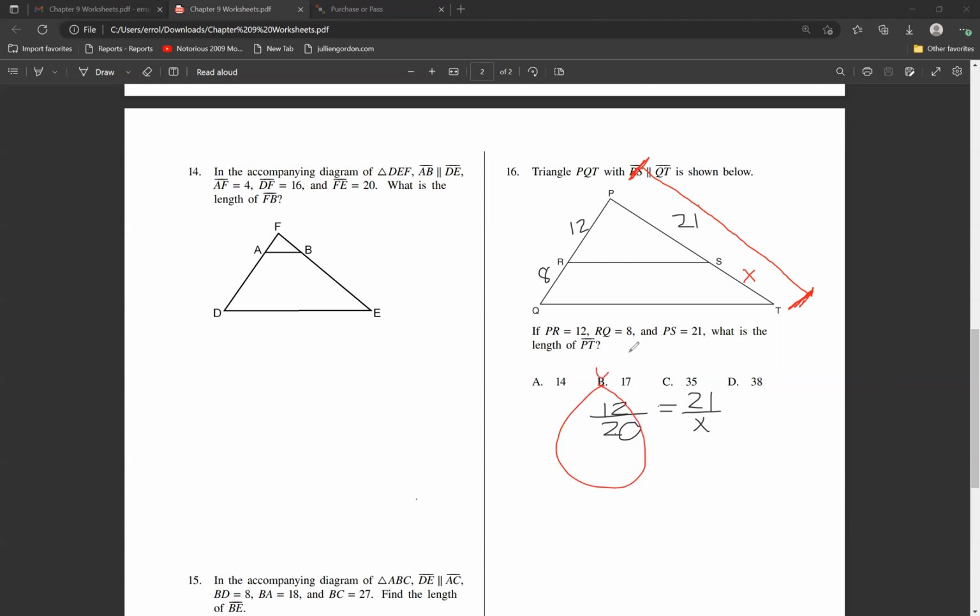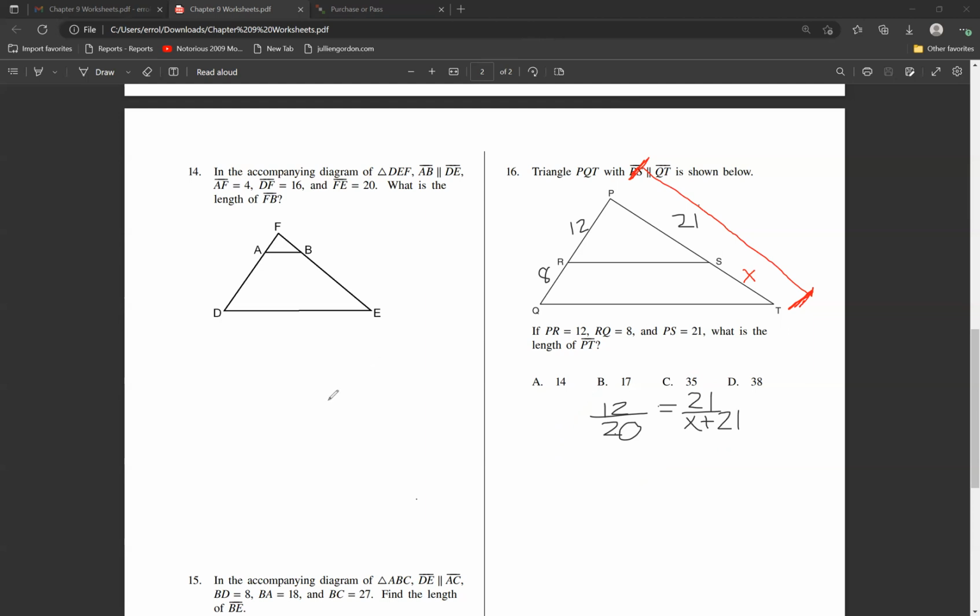So fix the second ratio. This one is good. Fix this one. There you go. All right, cool. Now okay, so reduce your 12 out of 20, then cross multiply. What's 12 out of 20 the same as?